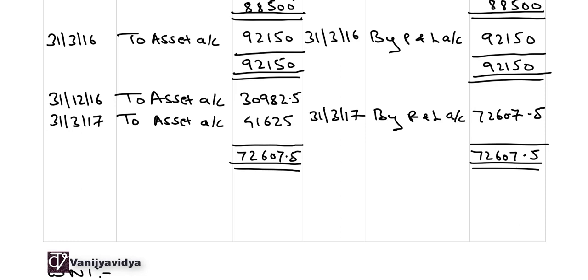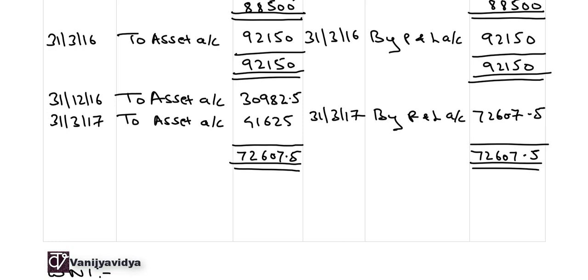So all this total depreciation, including the depreciation on assets sold, is transferred to profit and loss account at the end of the year, that is 31st March 2017.